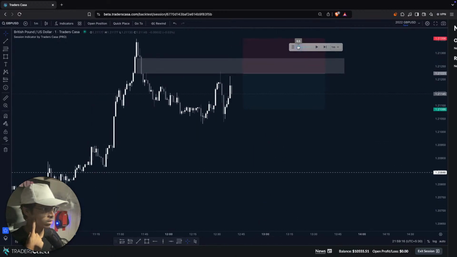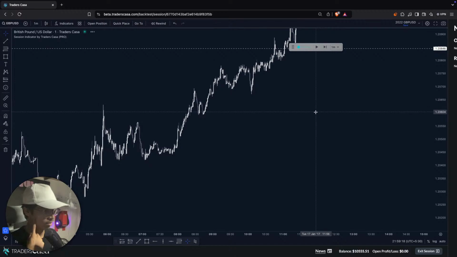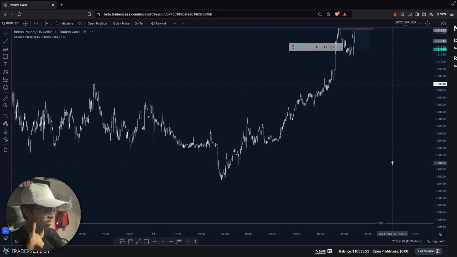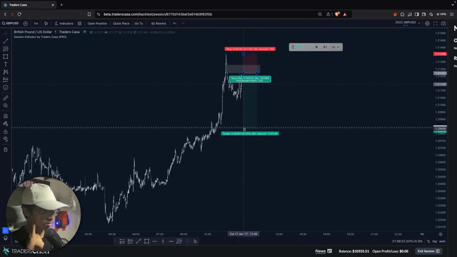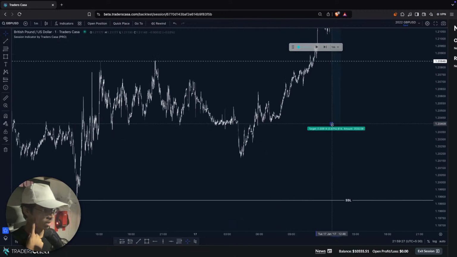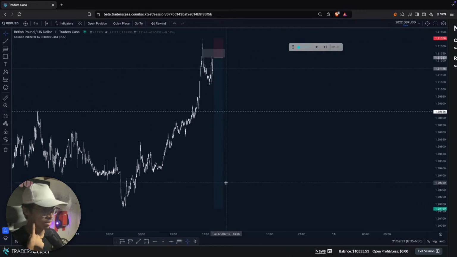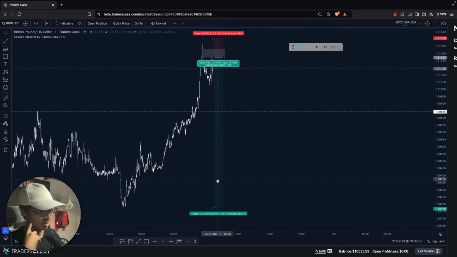Now let's try to anticipate where the price could go. Possibly it can go till this point, okay. To go till this point, how much momentum does it need? Too much. 1:7 trade, okay.